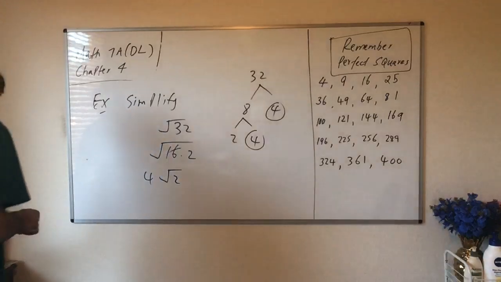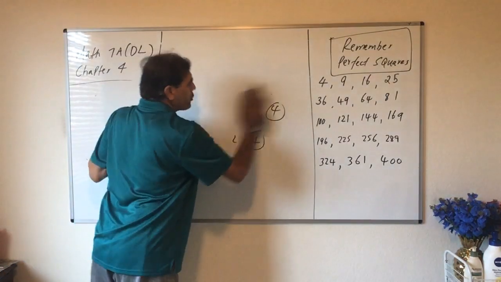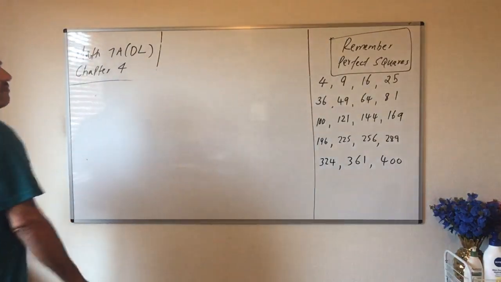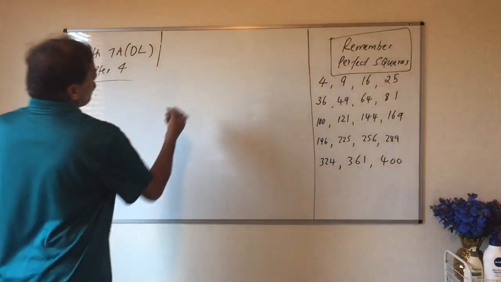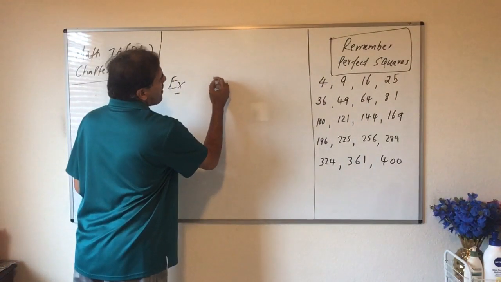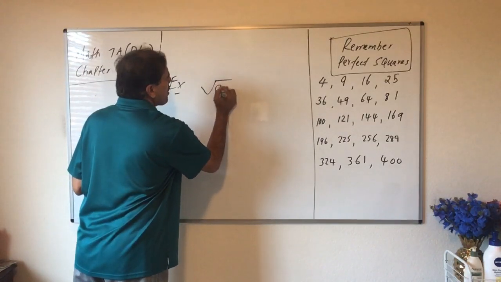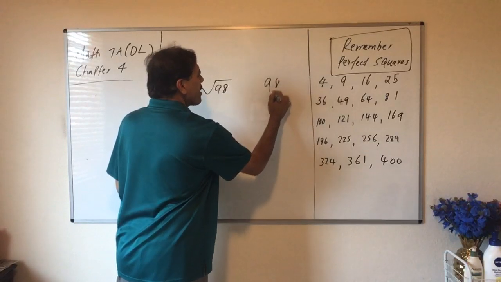Let me show you a couple more examples. The factor tree is a really good approach to use, but make sure we're not finding all the prime factors. We are finding the perfect square. For example, somebody asks you to simplify the square root of 98. Always try to divide by 2.